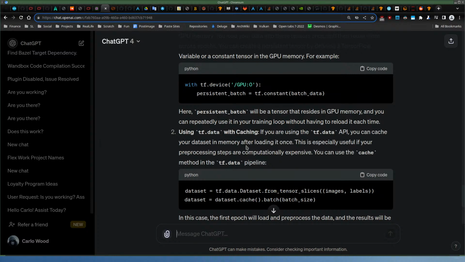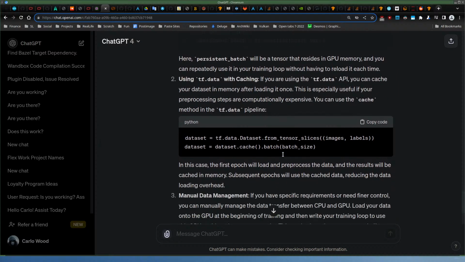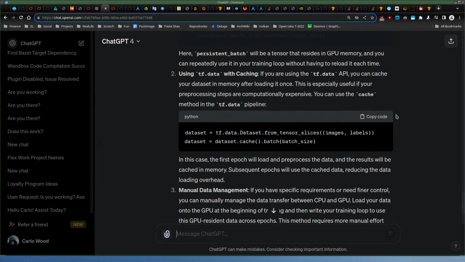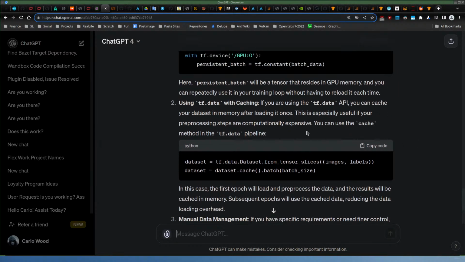Two, persistent tensors with caching. If you're using the TF data API, you can cache your data set in memory after loading it once. This is especially useful if your pre-processing steps are computationally expensive. I don't understand that, let's put it that way. You can use the cache method in the TF data pipeline.